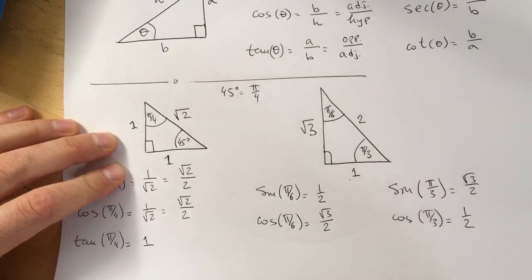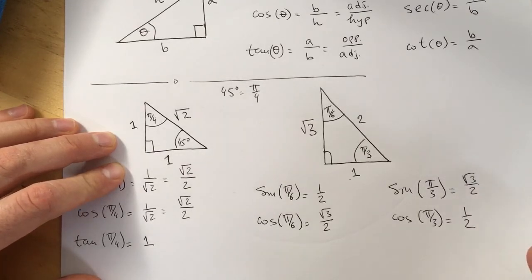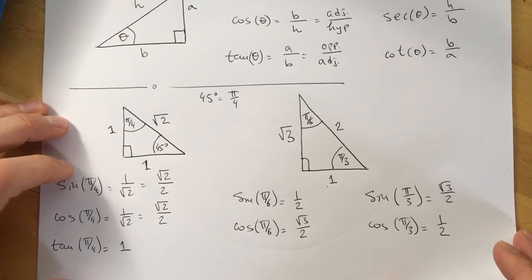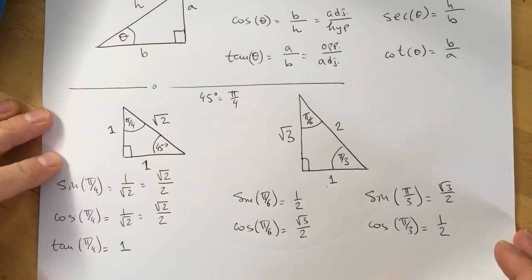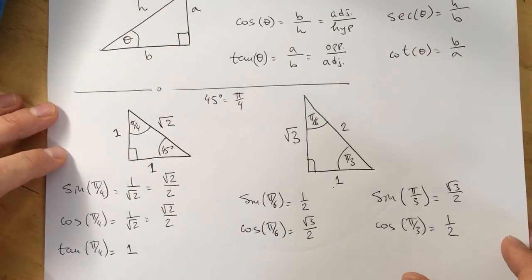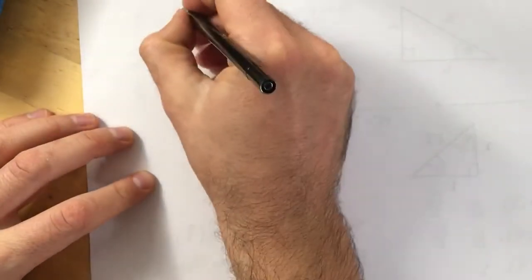Now I want to share with you a way to remember this. Although I'm not a big fan of these tricks to memorize things in mathematics, since our test is in less than a week from now, maybe this will be helpful for some of you. Here is how to remember the sine and cosine values.